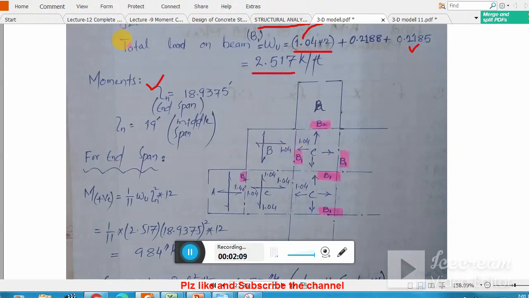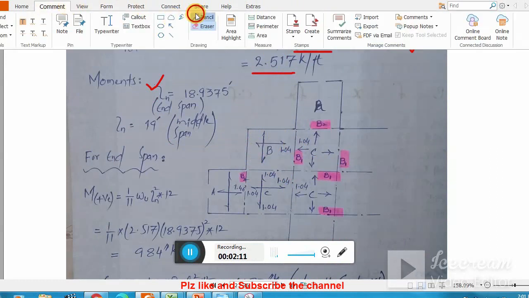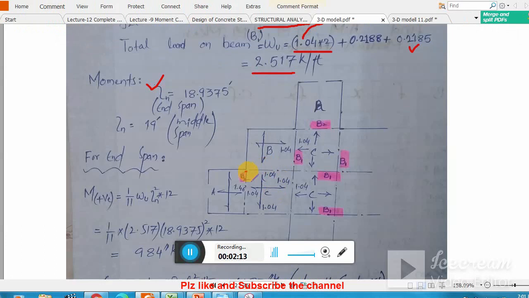Remember, this is very important, you must understand these panels. Clear? So if this is my beam which I am designing, this one is my exterior panel or end panel, and the next one, that is C panel, is my interior panel. So that's why this is my end span and this is my middle span.